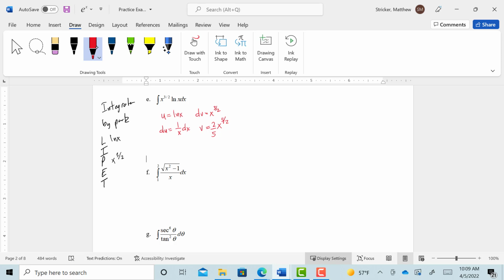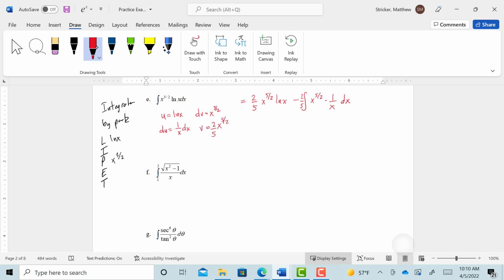And so this becomes, we have u times v, so we have 2/5 times x to the 5 halves times the natural log of x. And we have minus the integral of v du, so minus 2/5 times x to the 5 halves times 1 over x dx.